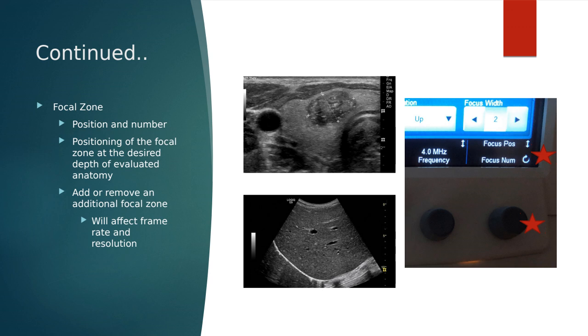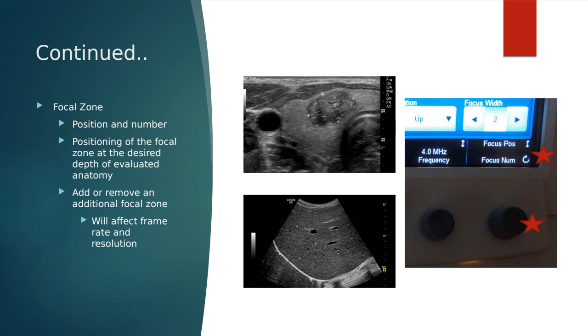When we adjust our depth, we have to make sure we're also adjusting our focus. Our focus is basically saying, I want the strongest part of my sound wave to be at this level depth in the body. I want to concentrate my energy to this point and draw attention to this level of my picture. When you adjust your focus, you're not changing your depth.